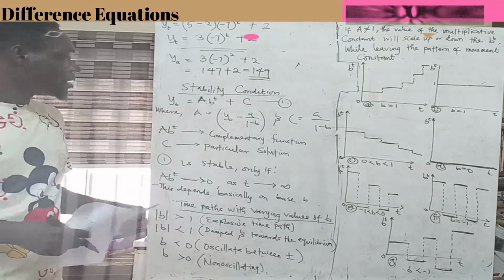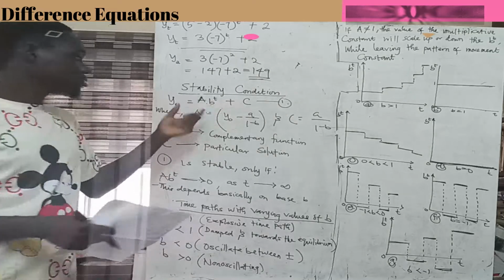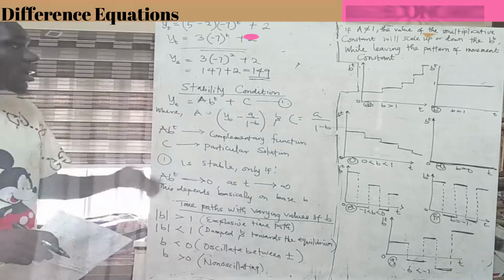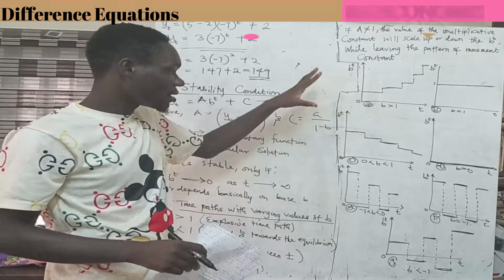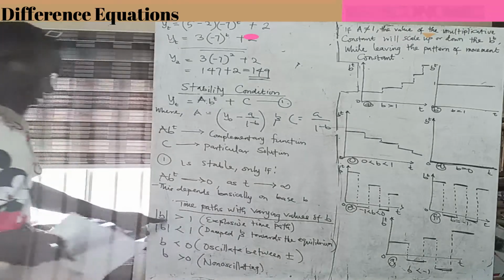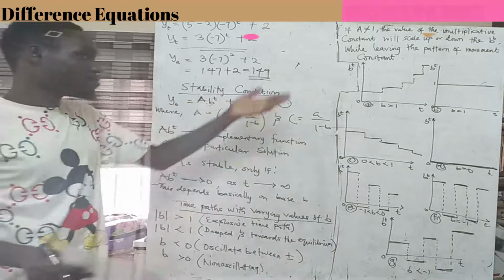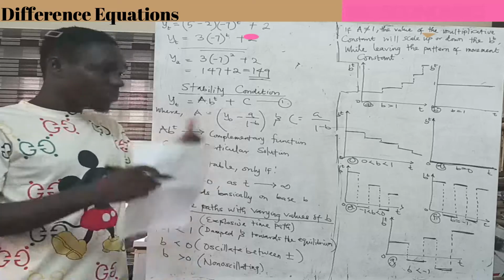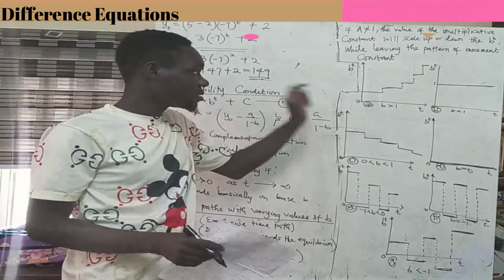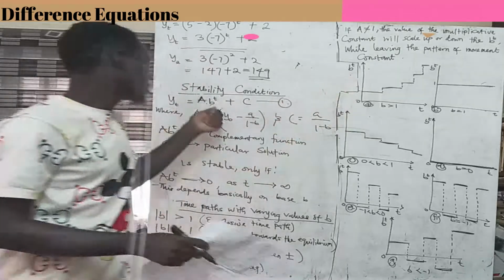So now that we are familiar with each of the terms in this function, at this point I would like us to consider different cases of this b assuming different values. We have different graphs showing the different values assumed by this b.